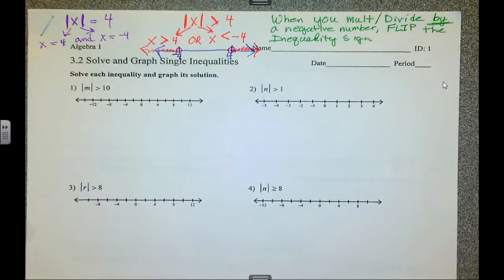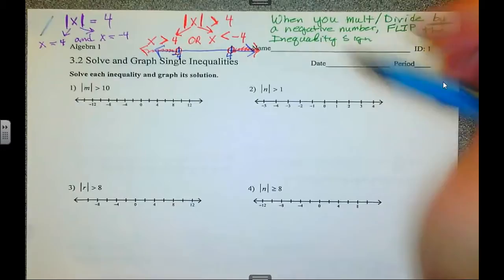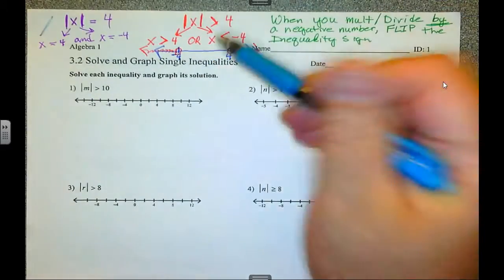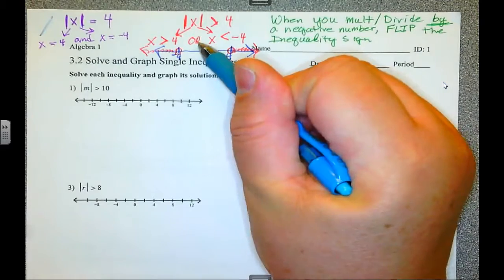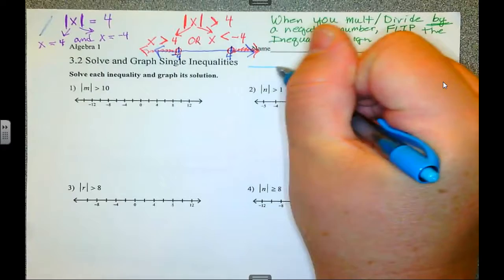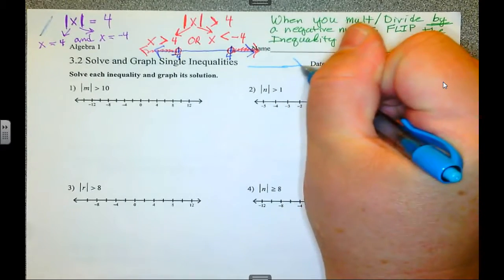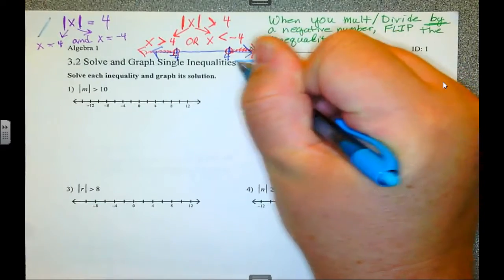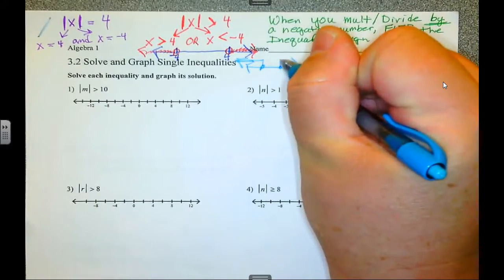So in general, my greater than or equal to's are or statements and their graphs generally go out.